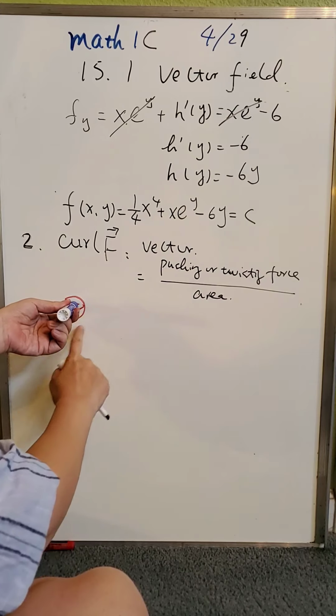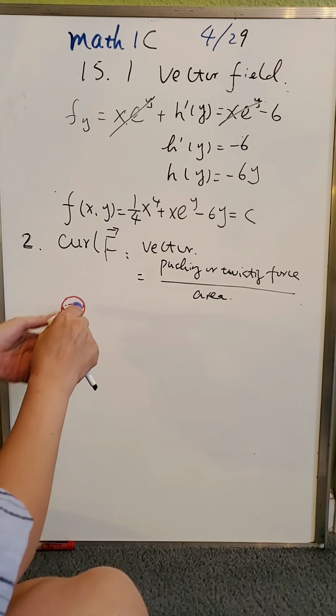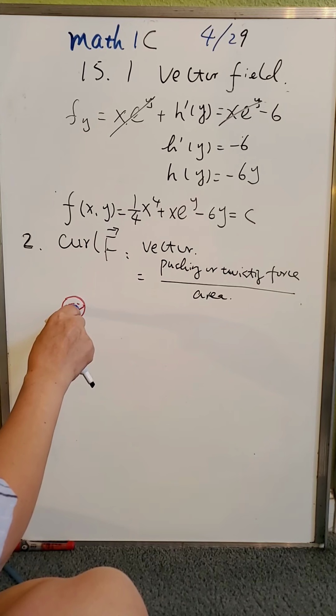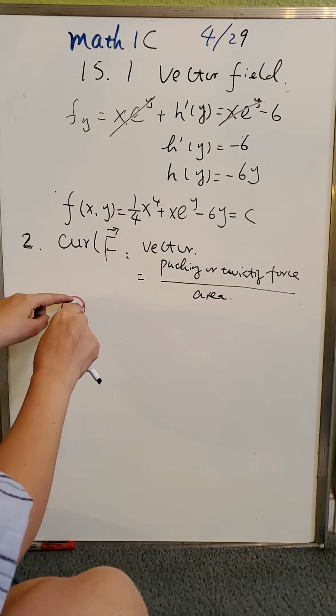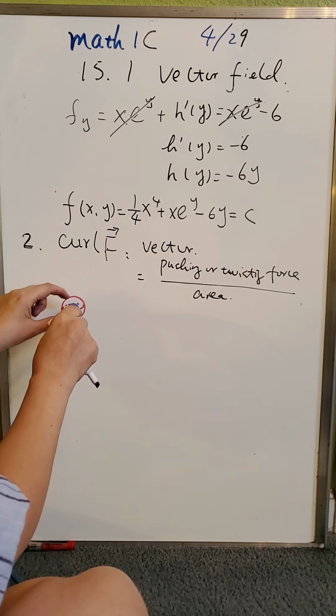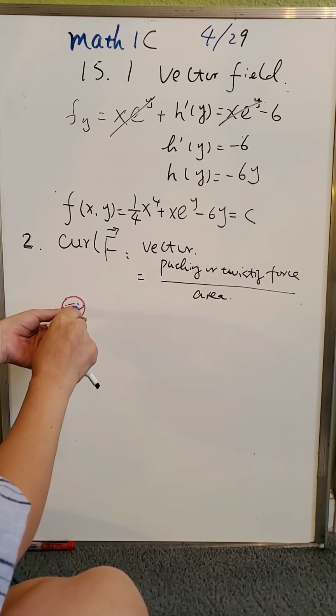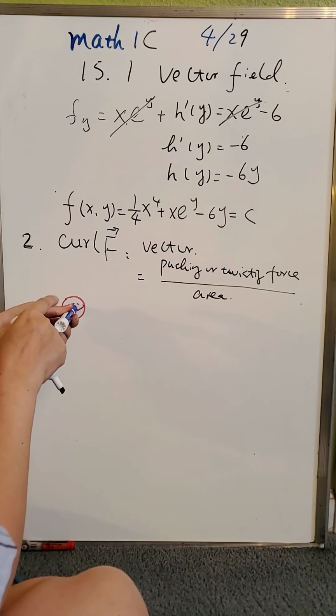If this is the red sphere, it will turn. If you put it in the water, you hold it, don't do anything, don't move it, and then if this red sphere, a little ball, turns, that means there's a curl there.